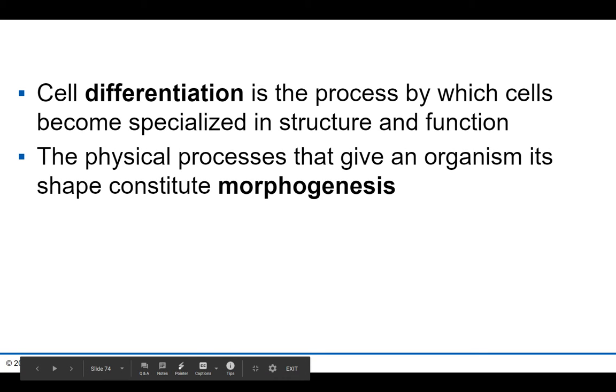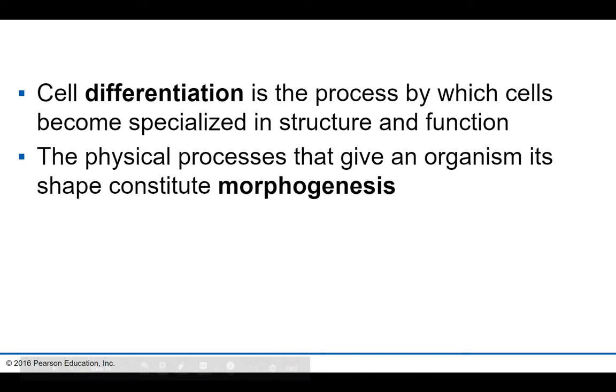The physical process that changes the shape is called morphogenesis, because most organisms begin as literally a ball of cells. Most organisms are not spherical as adult organisms, right? So somewhere they have to change into their adult shape. That's morphogenesis. And we'll talk about that part a little bit, probably tomorrow.